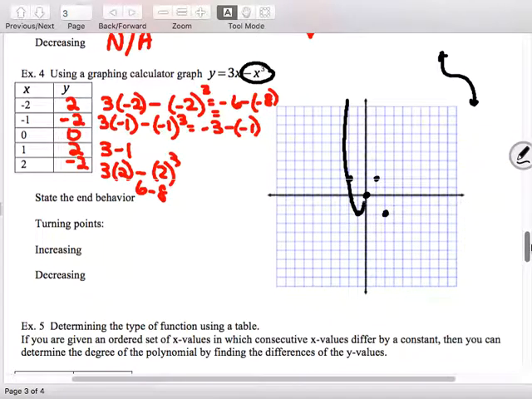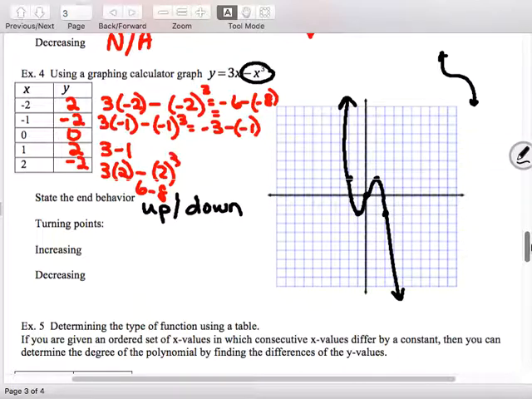It came down. It hit here, and it's got to go back down as part of my end behavior. This is so cool how this all connects together. So you have to have an understanding of end behavior in order to take those points and make sense of them. So my end behavior is up, down.